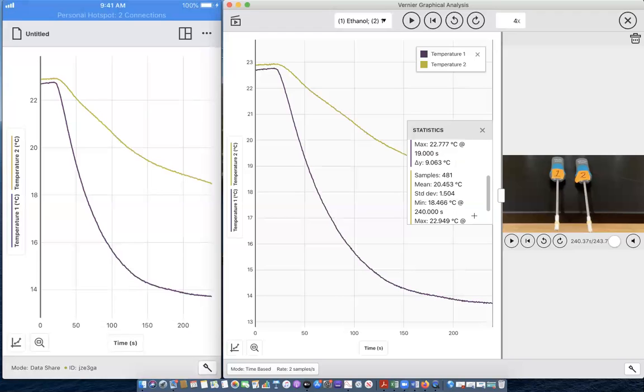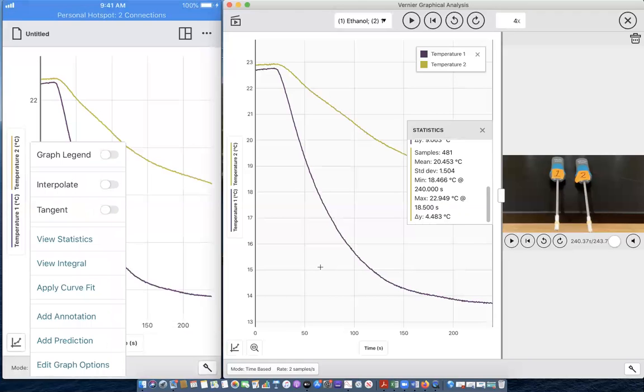And then we have the one that is the yellow color, temperature number 2, the yellow green, and that's the one that we're looking at. It only went down by 4.483 degrees Celsius, and that's the one that was the 1-propanol for your individual setup. Now, the statistics that I did on my teacher computer do not show up on the student device.